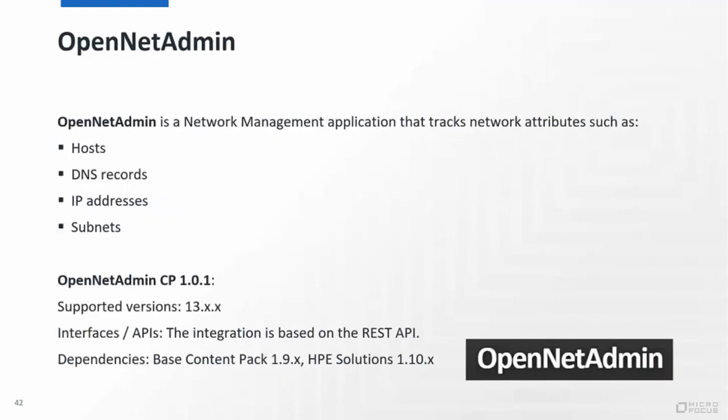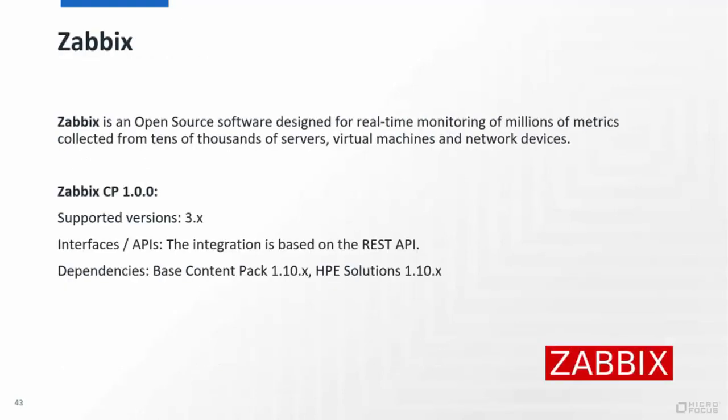What else? Well, we also have the OpenNetAdmin content pack, which is REST API based, with dependencies like base content pack and HP Solutions. It allows you to control a few things like hosts, IP addresses, and subnets. And last but not least, the Zabbix content pack was released, based on the REST API.